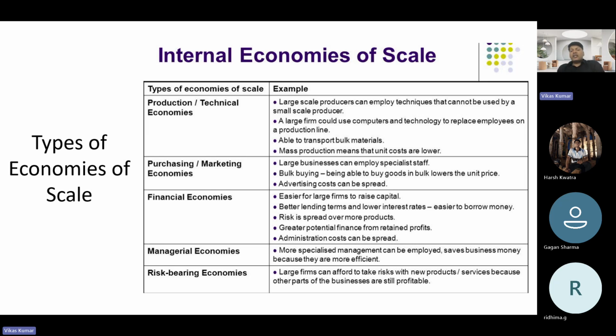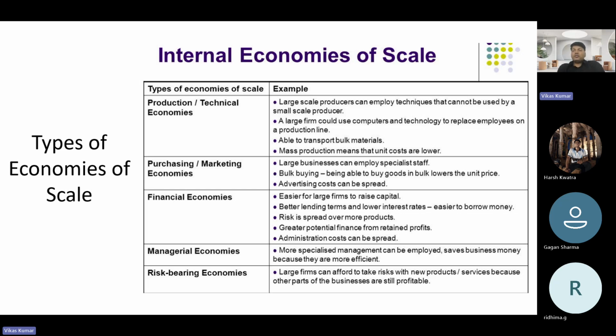Greater potential finance from retained profit also. Some companies like Apple, Tesla, Toyota, or Infosys in India retain profit and then reinvest it. If a company is profitable, then their risk-taking capacity and decision making is independent.